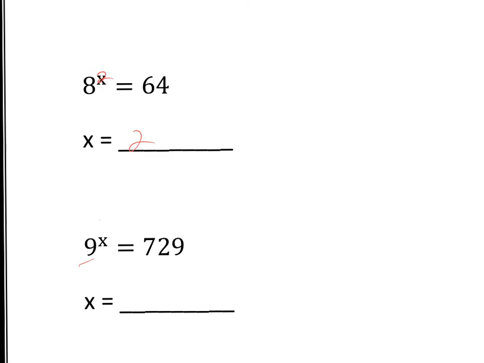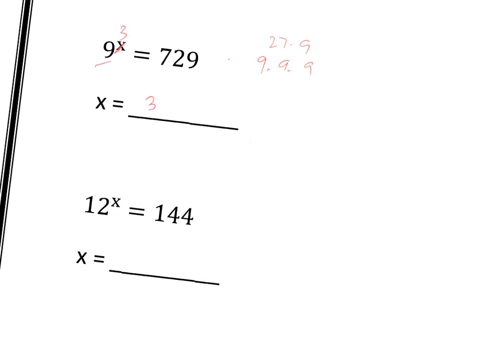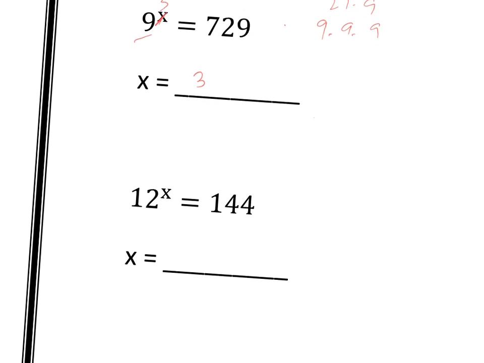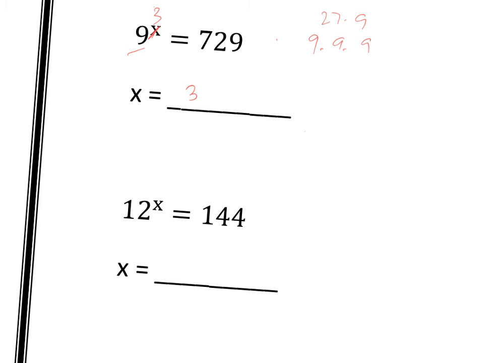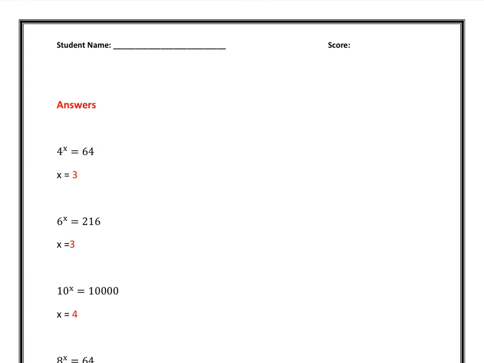So please also write 9 times 9 times 9. So that's 27 times 9 will give you 729. So she's correct. So x is equal to 3. And the last one. Oh, this one everyone should know that it is what? 3. It's 12 what? Squared. 12 squared, and x is equal to 2. Okay.